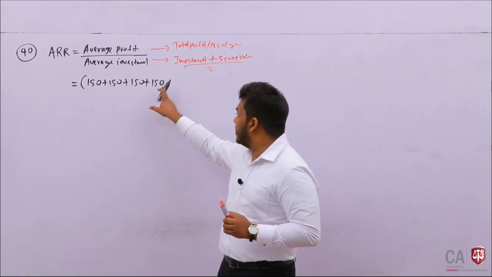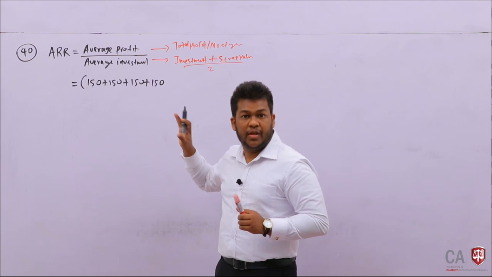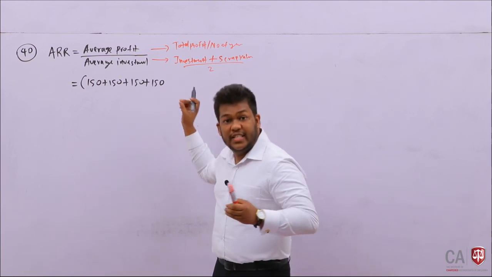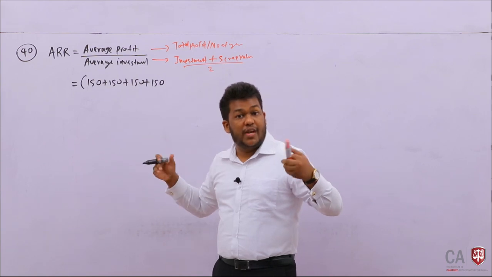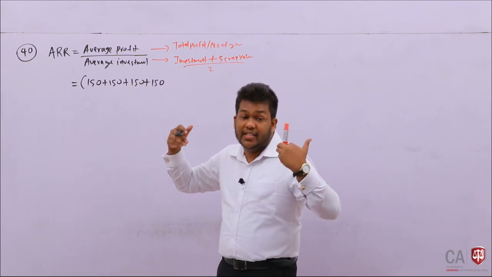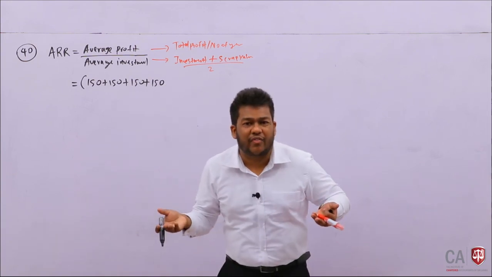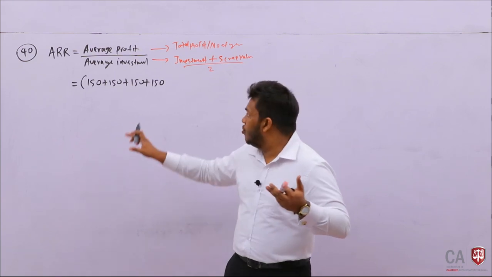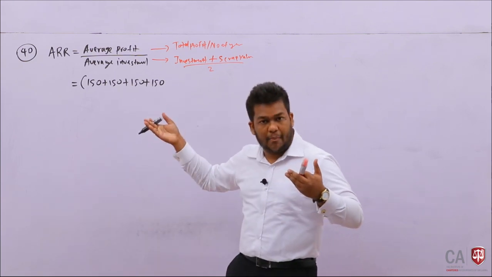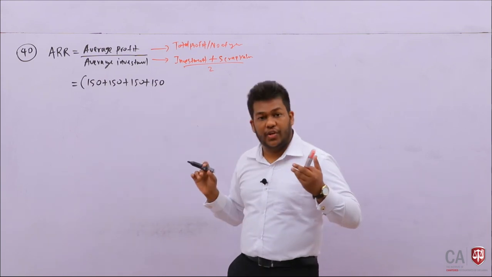So in the fourth year, the scrap value has not been included in the net cash flow. Why? This is from operations only. The scrap value cash flow comes from non-operation. With the scrap value, this would have been 250 in the last year. So you don't need that. Why? For accounting profit, do you need the scrap value? No. You have to put the accounting profit only.